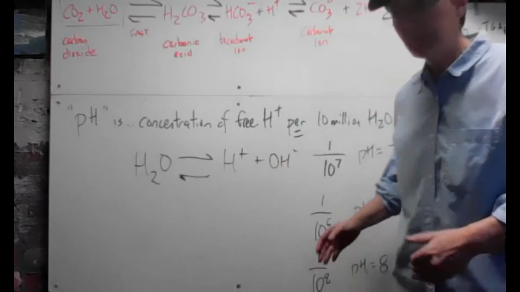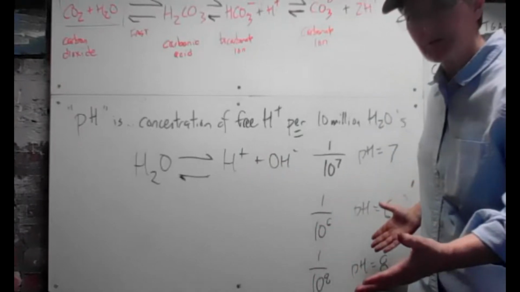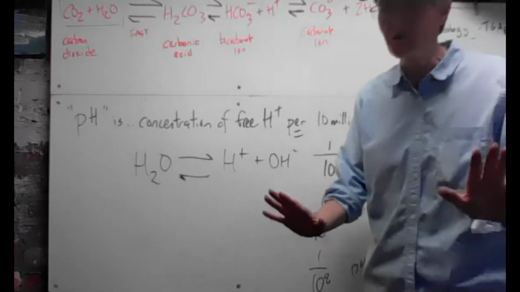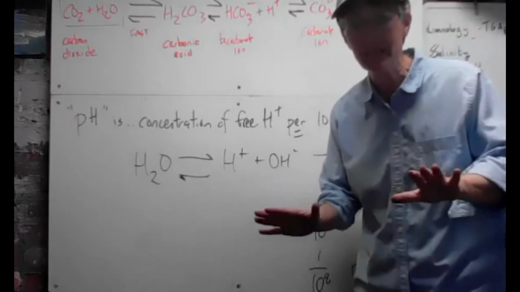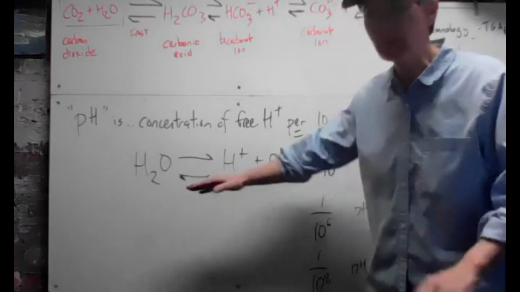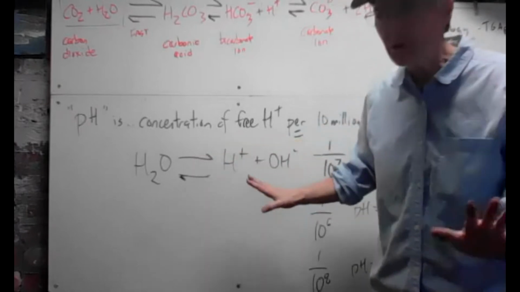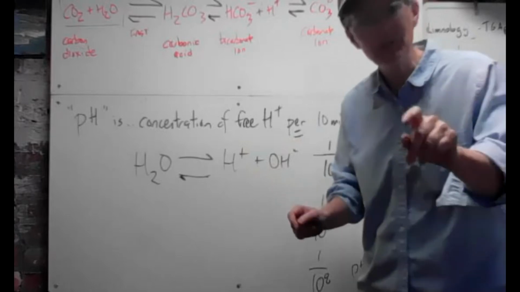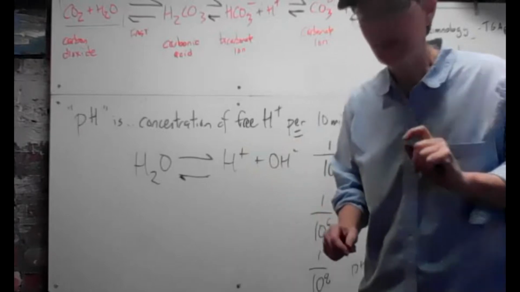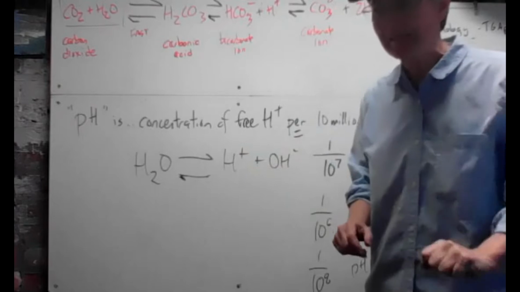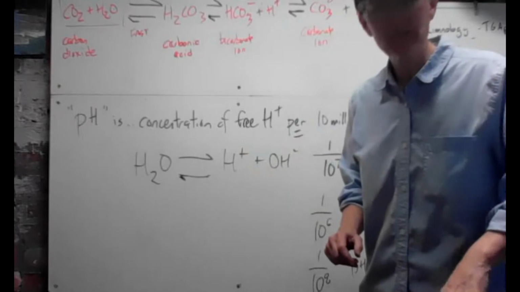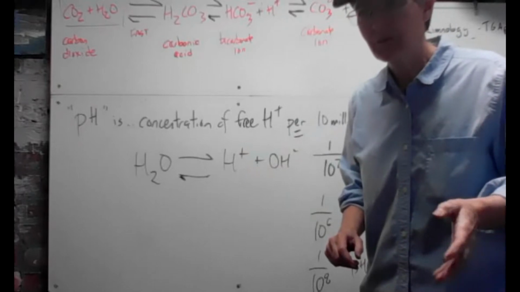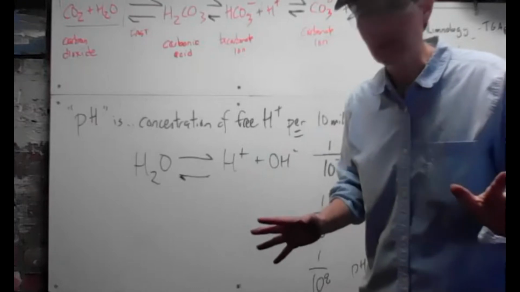Okay, that's pH. Now, I know you've learned about pH before, many times probably, and you've probably learned about it in much more correct terms. But I also know that some of you, even though you have learned this much more correctly, didn't actually understand it because it was just too much detail.